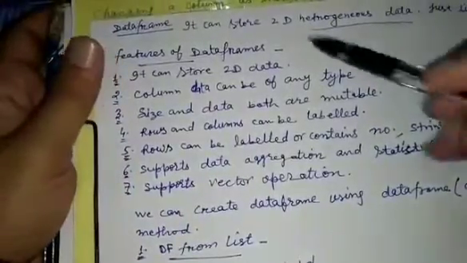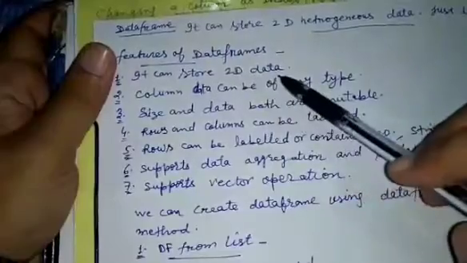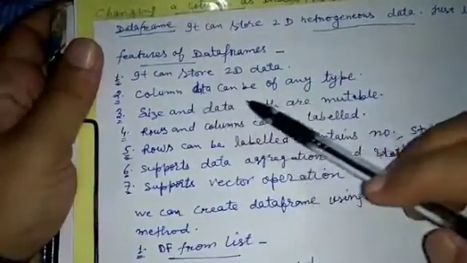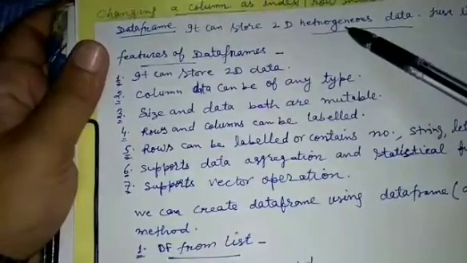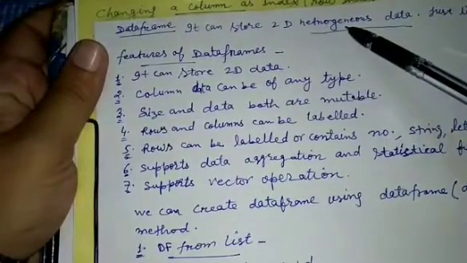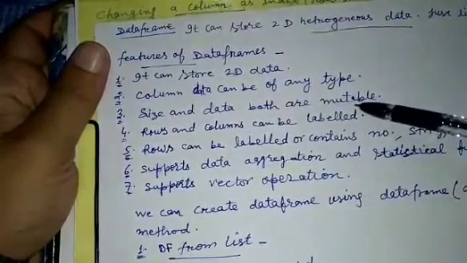Now take a look at the features of data frame. It can store two-dimensional data. Column data can be of any type. We have just talked about the heterogeneous data in a data frame. Size and data both are mutable.